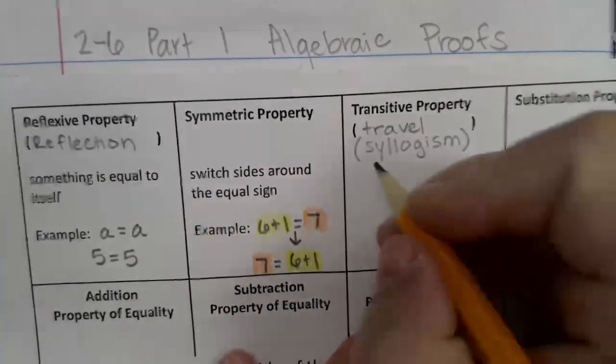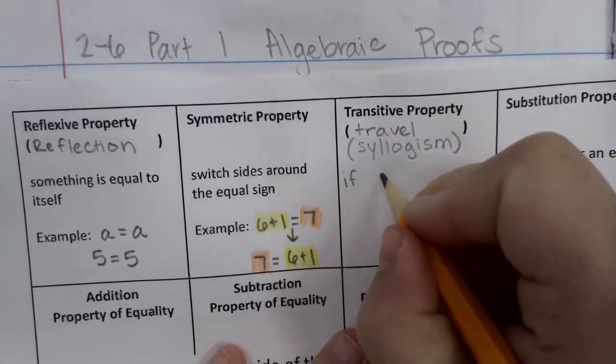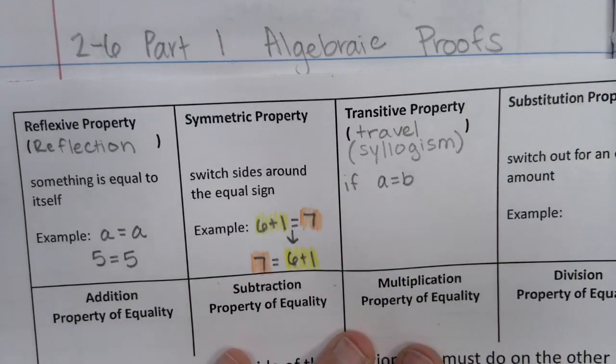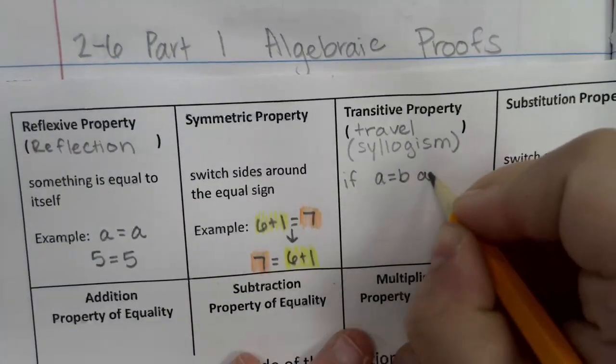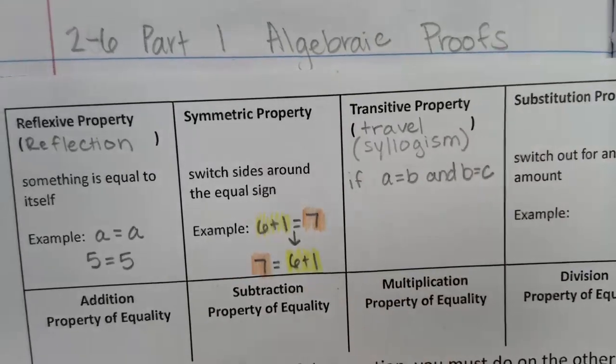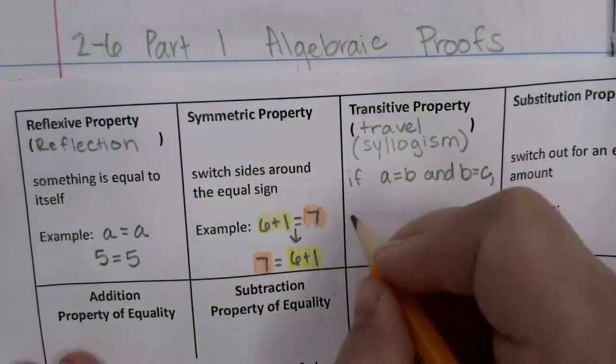Okay, so what we know with our transitive property is if A is equal to B and B is equal to C. If we know both of those things, we can come up with a new statement.